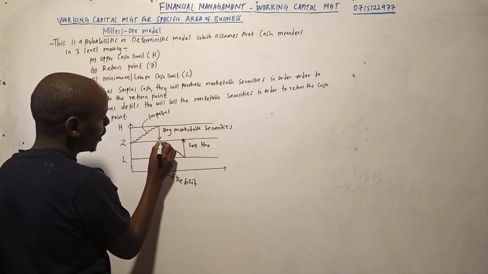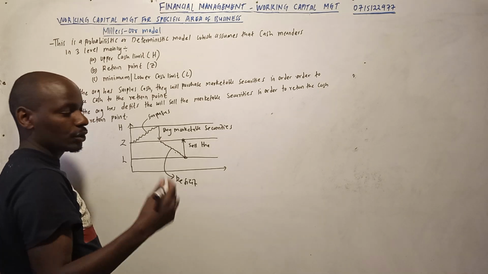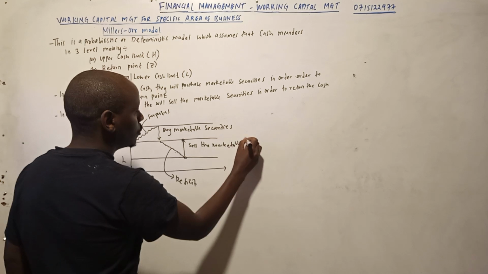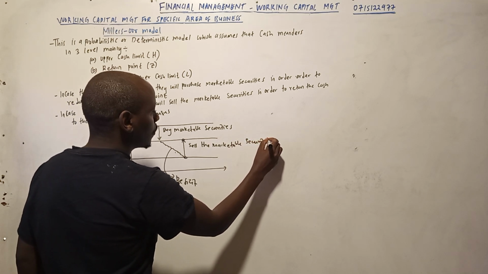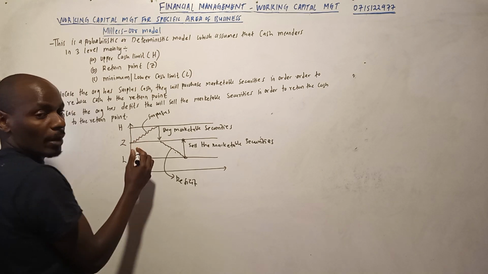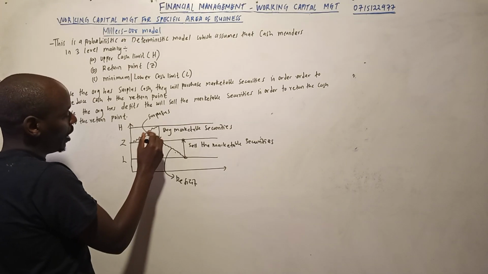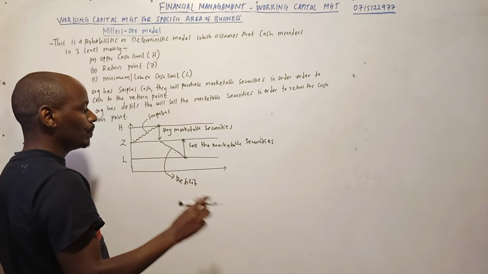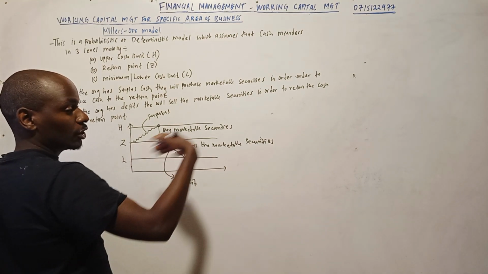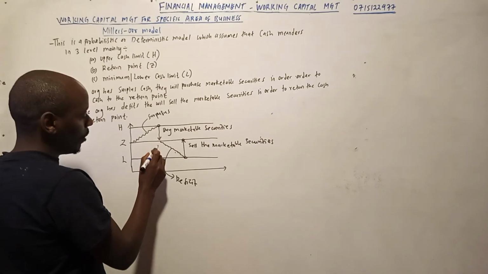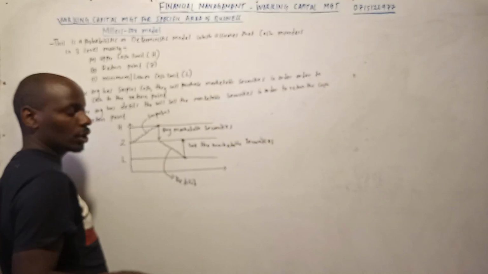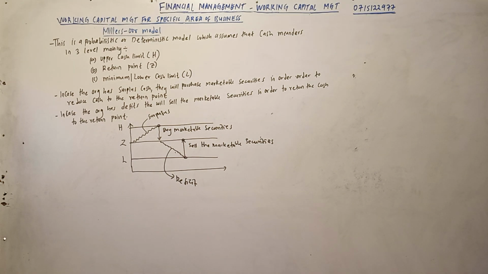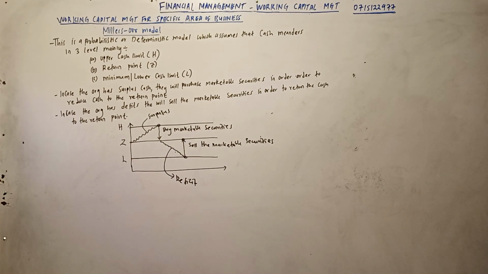When our cash balance is reducing up to this point, we need to sell the marketable securities. But when our balance is increasing and we get to this point, we don't need to maintain all that cash, so we buy marketable securities. In the case where our cash is reducing to a particular level, we sell so that we return to the return point and realize the cash.